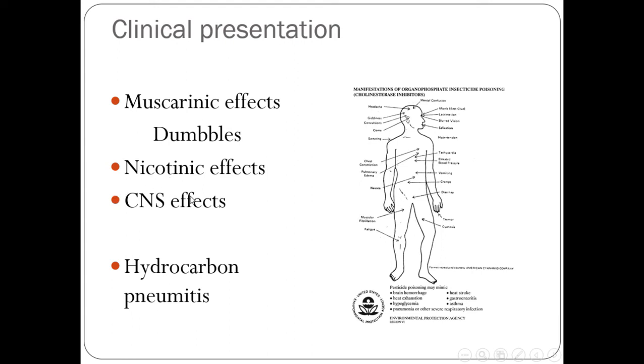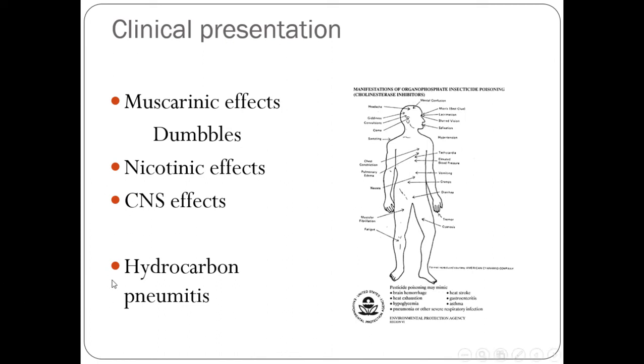And then the nicotinic effect, which may be present in the motor endplate, the suprarenal, or the autonomic ganglia. The manifestation of nicotinic effect is mainly in muscles, in the form of increased contractility at the start, and later on there will be paralysis of these muscles.